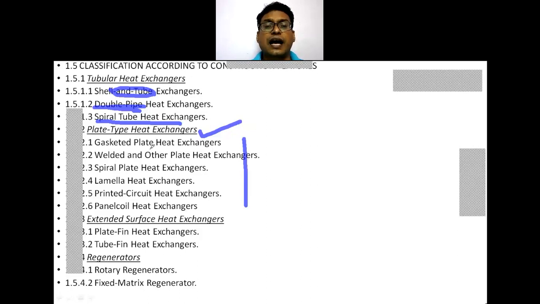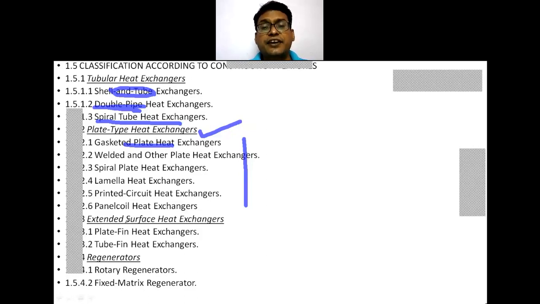Out of this, the gasketed plate heat exchangers are the most commonly and widely used in the different types of industries, specifically in case of your food industries, oil industries, then your surface coating industries. These plate type of heat exchangers, they are more common.